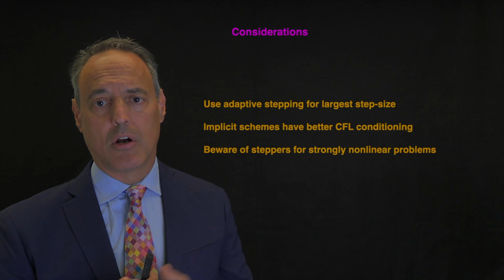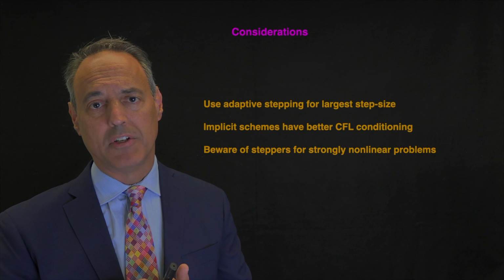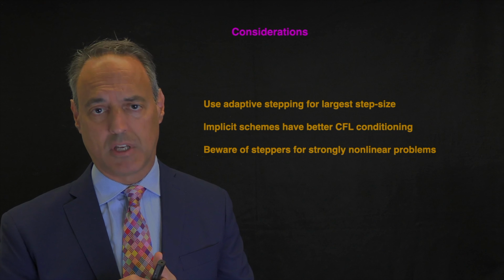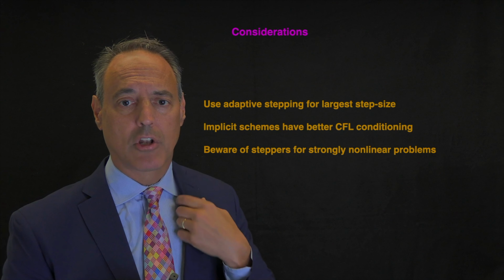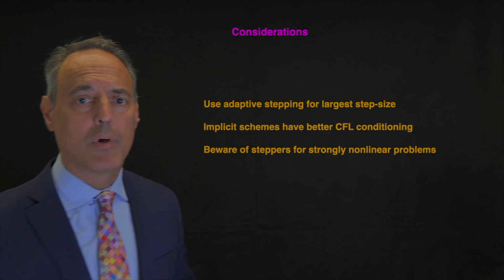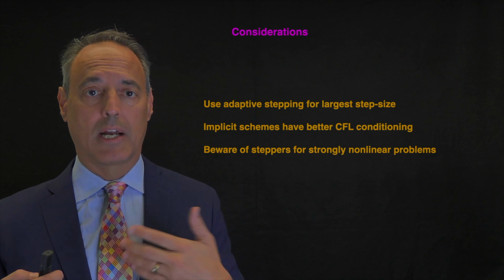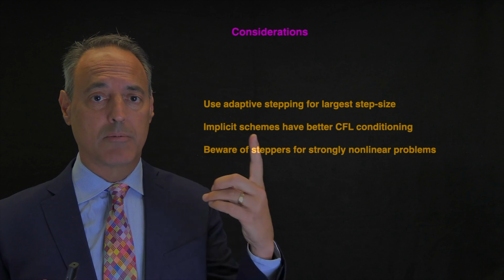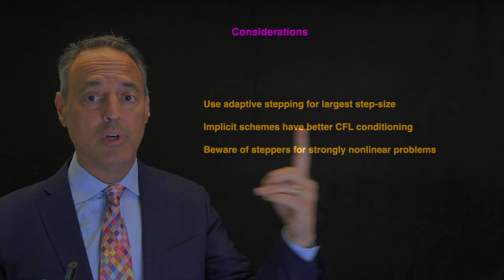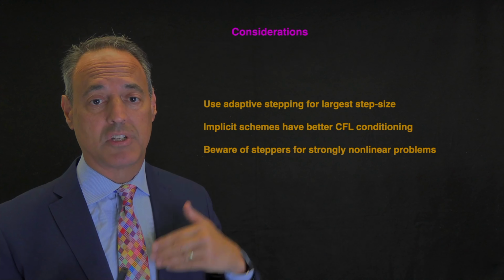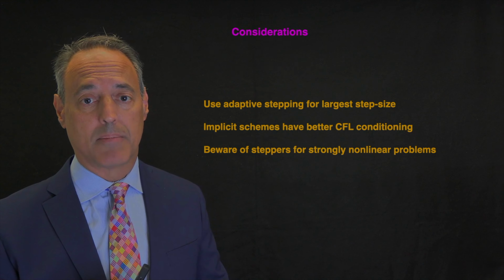Implicit schemes almost always have better CFL conditioning than explicit schemes. So if you're getting into a large-scale problem, you might want to consider whether people have developed implicit schemes that are effective, or predictor-corrector schemes, because they allow you to get around a lot of CFL issues and take much bigger time steps.